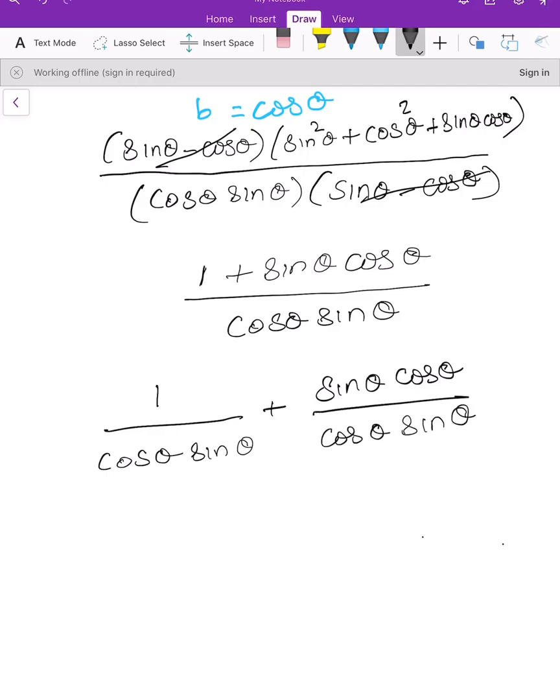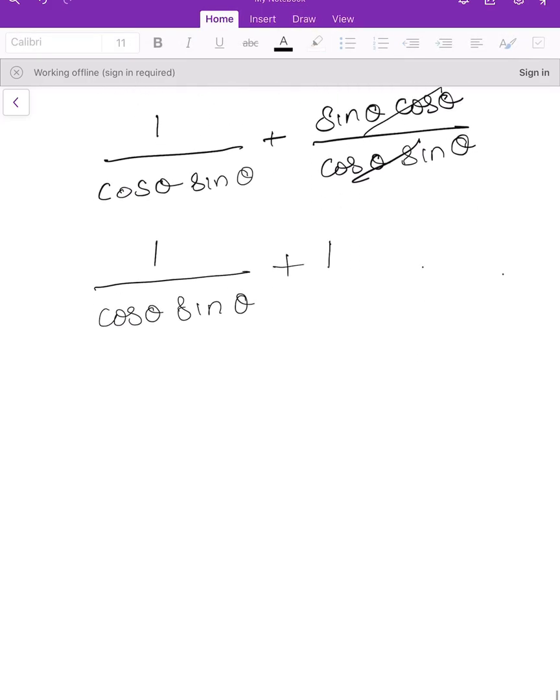Cos theta sin theta and sin theta cos theta are one and the same, so they get cancelled. It will give me 1 by cos theta sin theta plus 1.